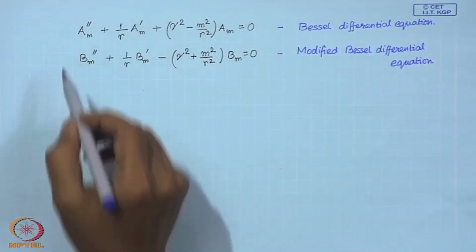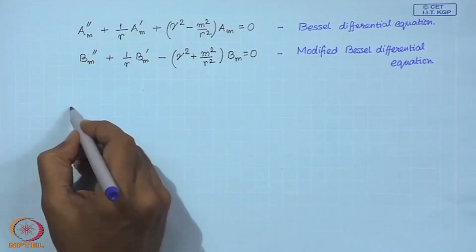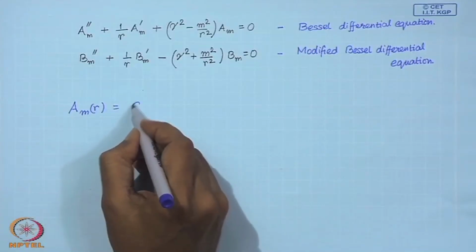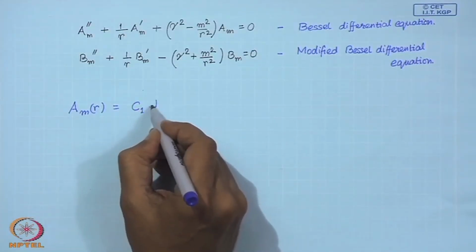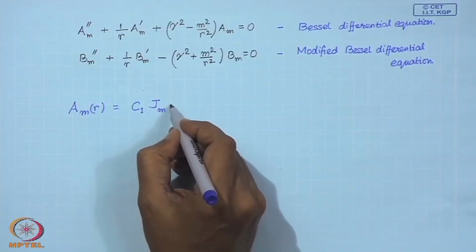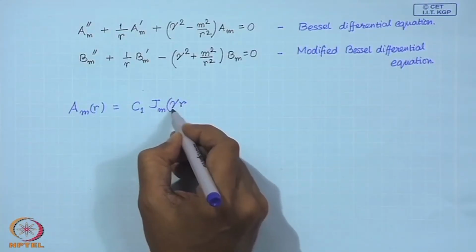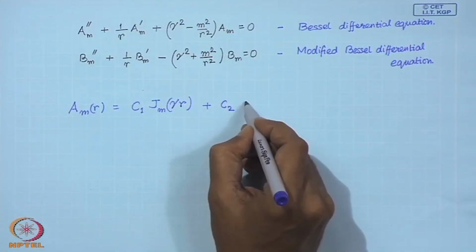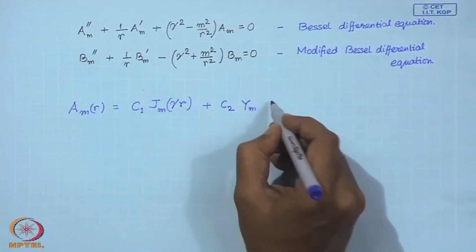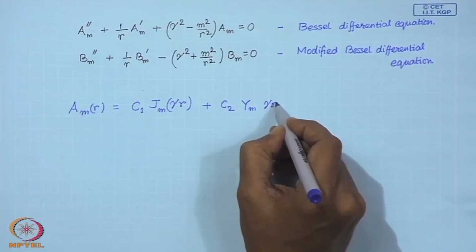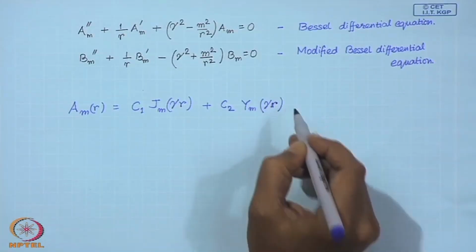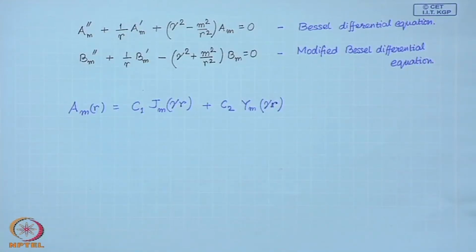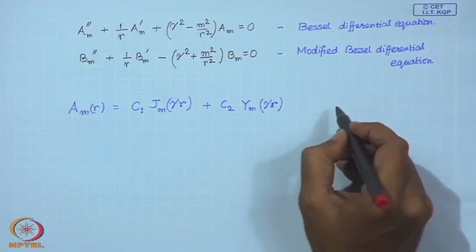The solution of the Bessel differential equation we can straight away write, where these C1, C2 are constants and these are the Bessel functions of the first and second kind.